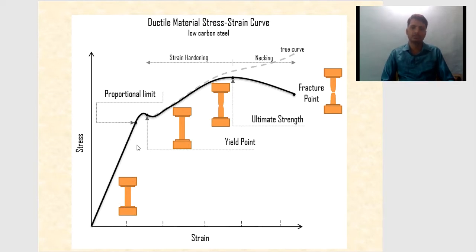A scientist discovered this graph from a ductile material like steel. If you place a specimen of iron, we get this graph. In case you use gold, it may look like this.